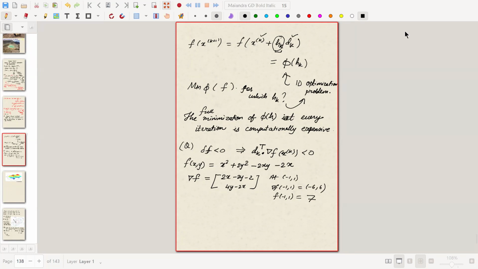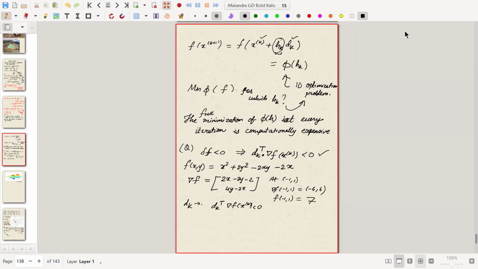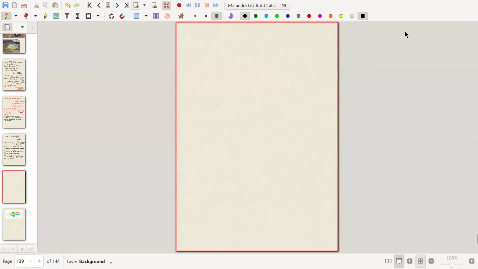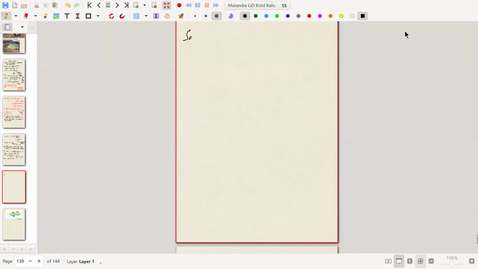Suppose dk is our descent direction. Then if it is a descent direction, it has to satisfy dk transpose grad f at xk less than 0, which we discussed here. Now say dk equals d1 d2 transpose. It's a column vector of d1 d2, right? It's a two vector.